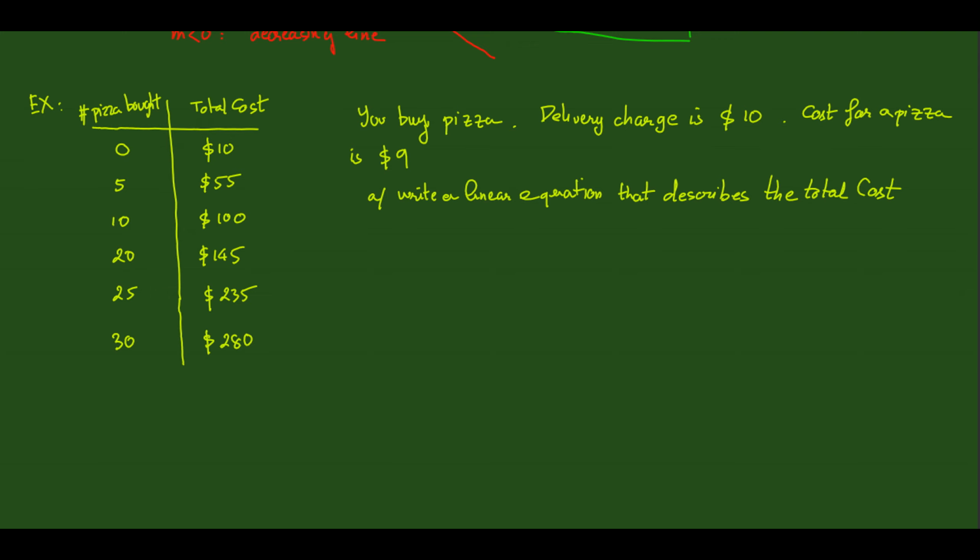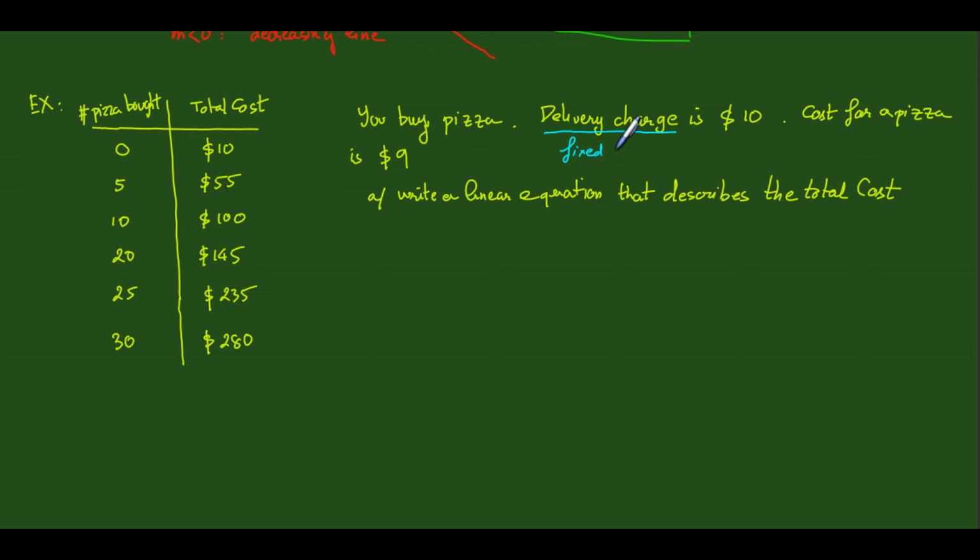We know that the delivery charge over here is $10, and this one is fixed. It doesn't matter how many pizza you buy, the delivery charge is still $10. This is fixed, so this is the fixed cost.